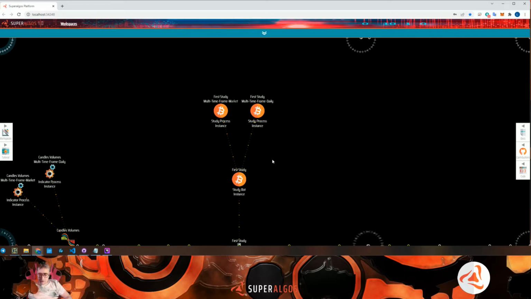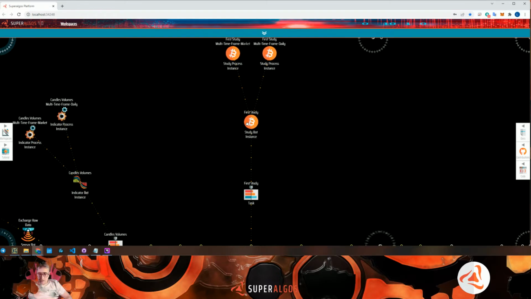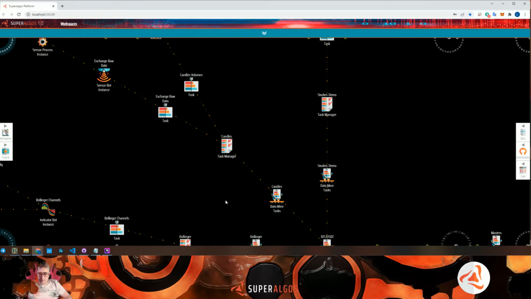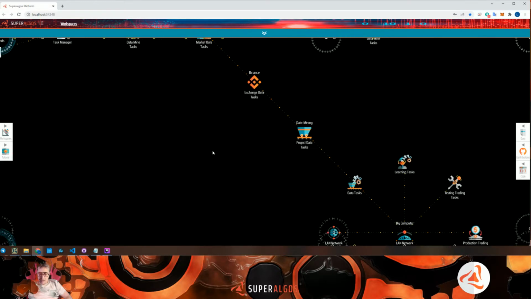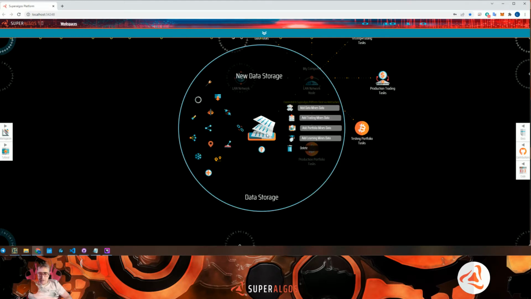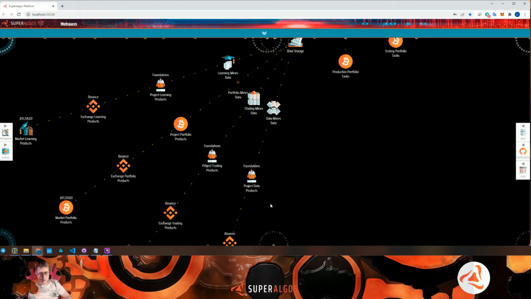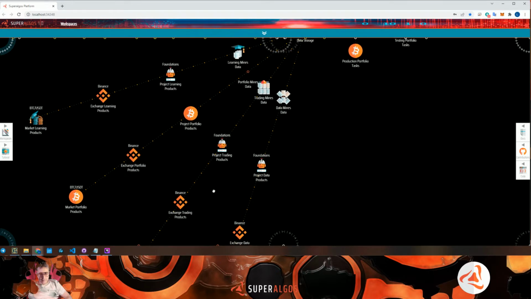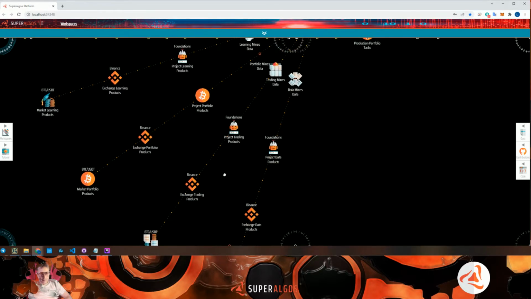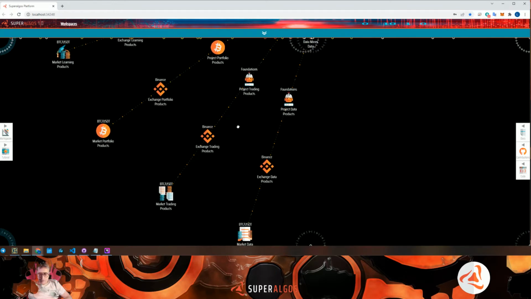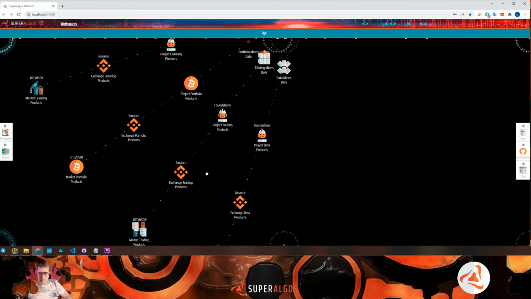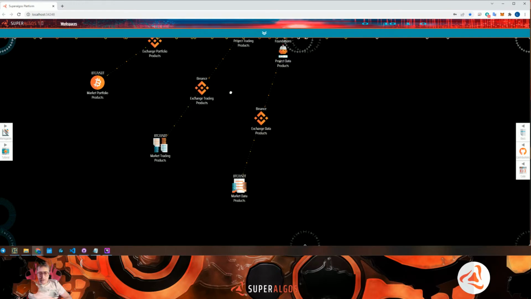But the way that the bot knows where that data is located is by looking at the information here, data storage. Okay, so in data storage you have data mines data.